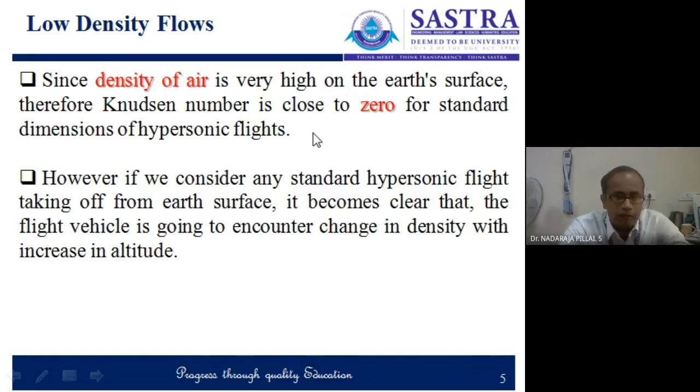But if we consider any standard hypersonic flight taking off from the Earth's surface, it encounters a change in density with increase in altitude. When the vehicle moves from the Earth's surface to orbit or higher altitudes, the density changes.